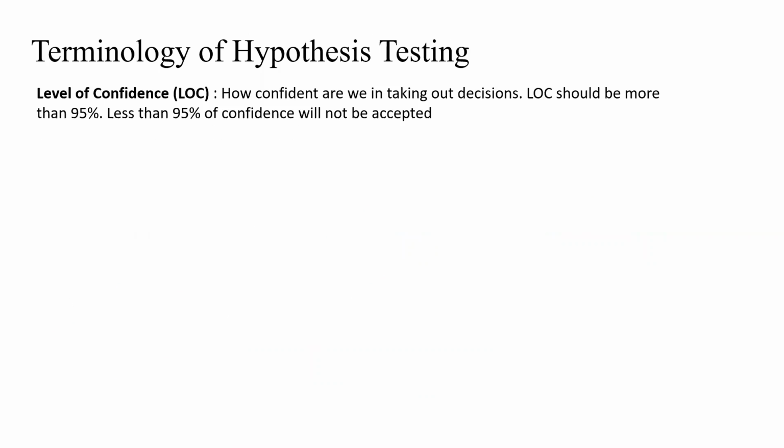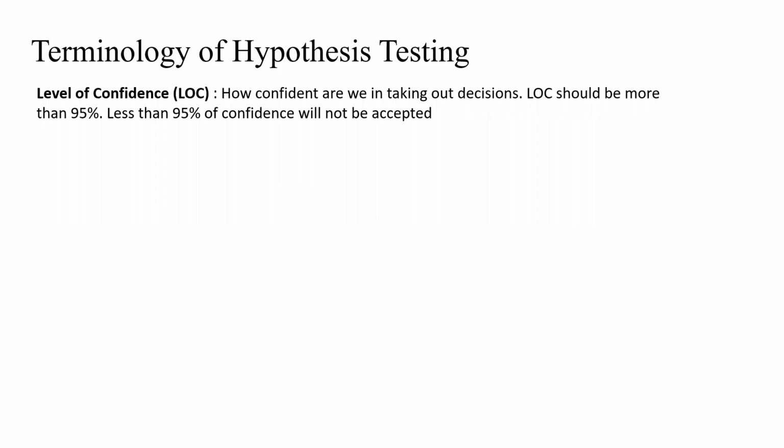And let's continue a little further. There is something called level of confidence, which we've already covered, almost similar to confidence interval. Here we are just saying that whatever test you do on the null hypothesis, for example, you state that my mean is less than 100, that means you should be confident.